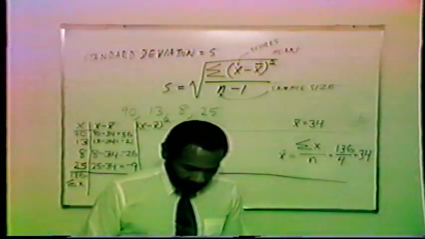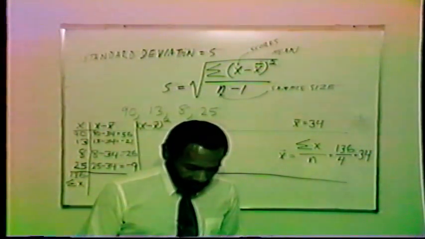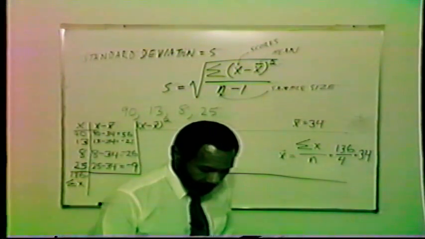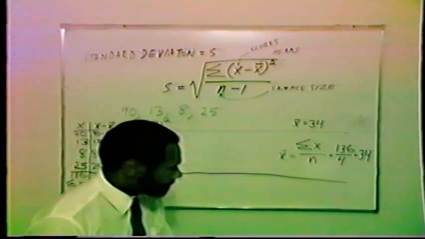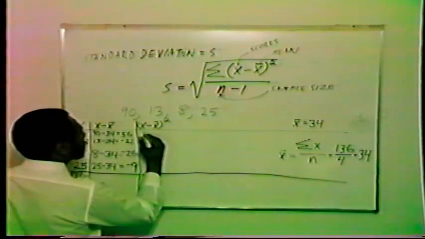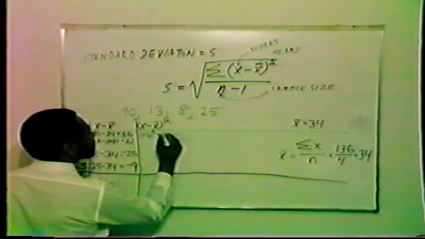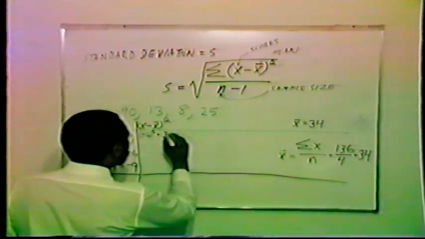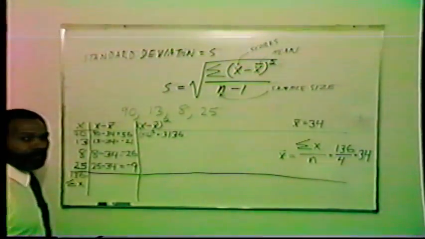Otherwise, you just have to multiply the number times itself. 56 times 56 gives us 3,136. So we would have 56 squared, which is 3,136. Next, we would have what squared?